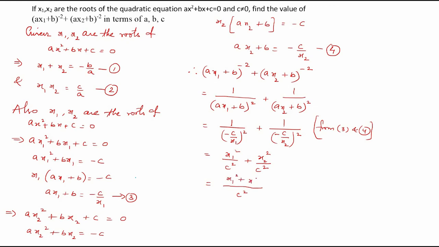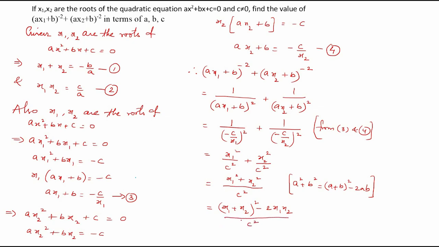We can write c square as the common denominator, or the LCM. We can add the numerator values. Now the numerator is in the form of x1 square plus x2 square. So we can use the identity: a square plus b square we can write as (a plus b) whole square minus 2ab. So let us make use of this form here. Assuming that this is in the form of a square plus b square, we can write (a plus b) whole square minus 2ab, whole divided by c square.